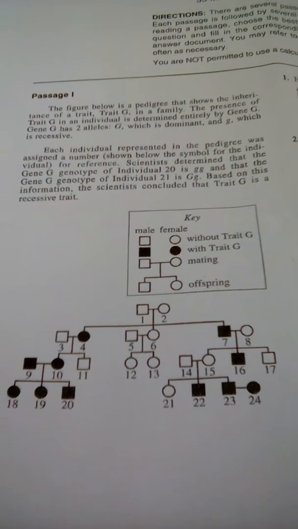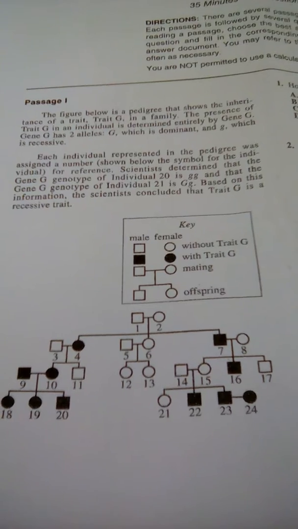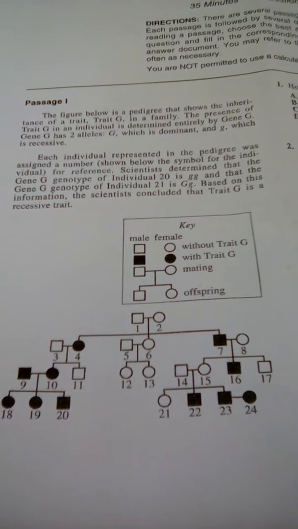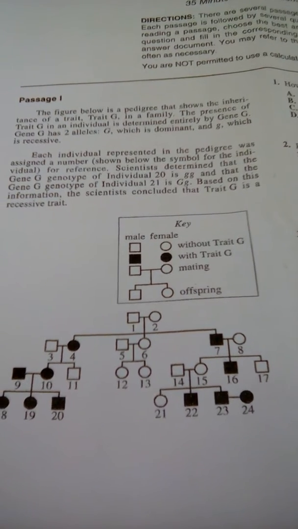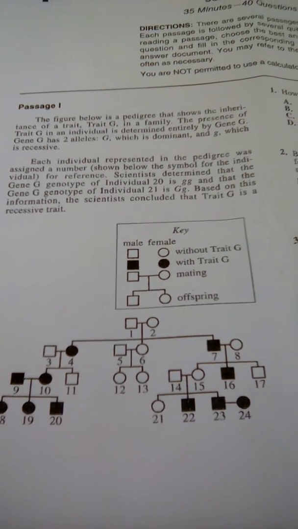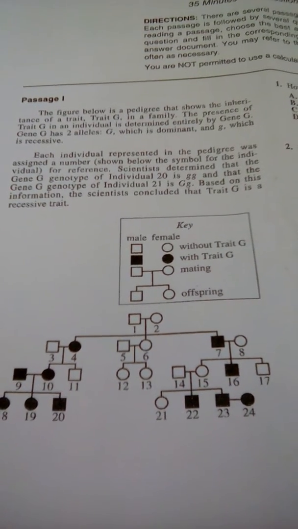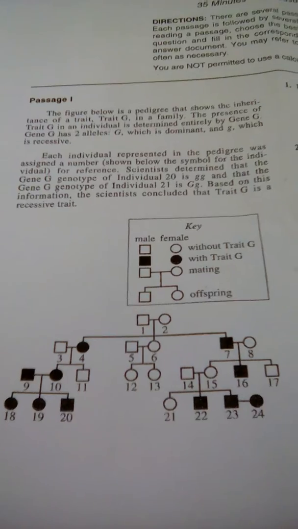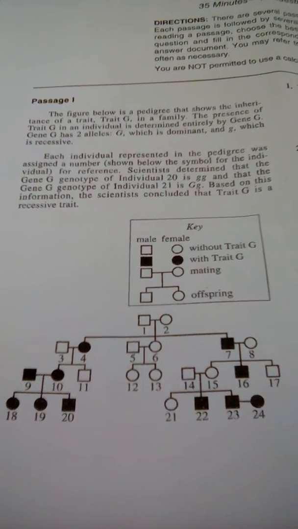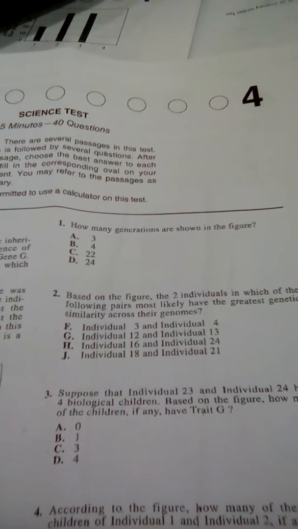We see individual 3 and individual 4 are mates, but one has a white box and the other is a black circle. The white and the black mean one has the genotype, the other does not. So we know that answer is not right.